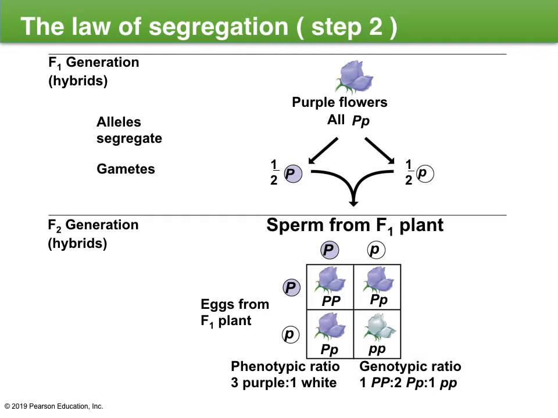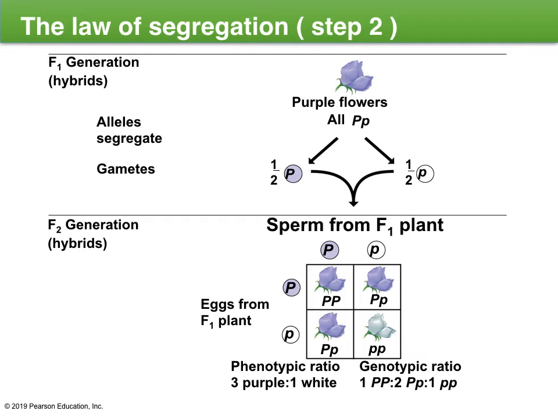So the possible combinations are: if one parent contributes the dominant allele and the other contributes the dominant allele, now you have a homozygous dominant individual. The phenotype is going to be purple flowers.